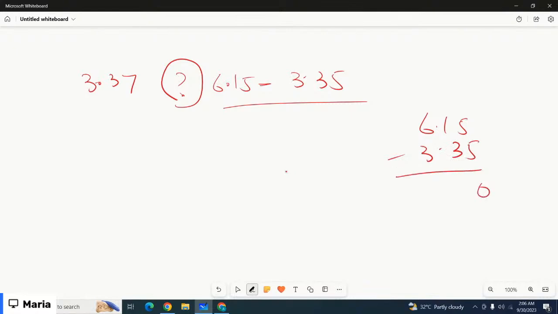Just subtract 6.15 minus 3.35. So 5 take away 5 is 0. You cannot subtract 3 from 1. You need to borrow 1. Here you have 5. Here you have 11. 11 take away 3 is 8, right? And 5 take away 3 is 2. So that would be 2.80. So you have to compare 3.37 and 2.80, right? So which is the correct option? Less or equal?